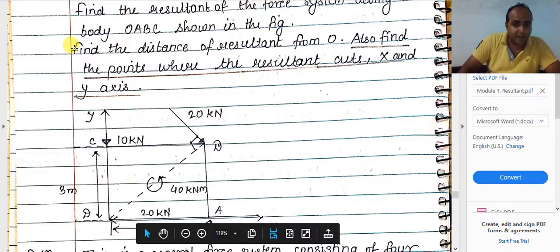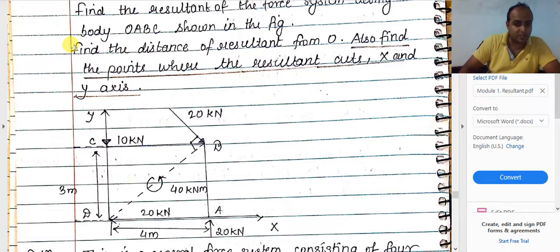Continuing with this, find the distance of resultant from point O, that is finding out the location of resultant with respect to origin. Also find the points where the resultant cuts the x and y axis, that is the x and y intercept. So overall in this problem, we are supposed to find out the resultant value capital R, that is magnitude of resultant.